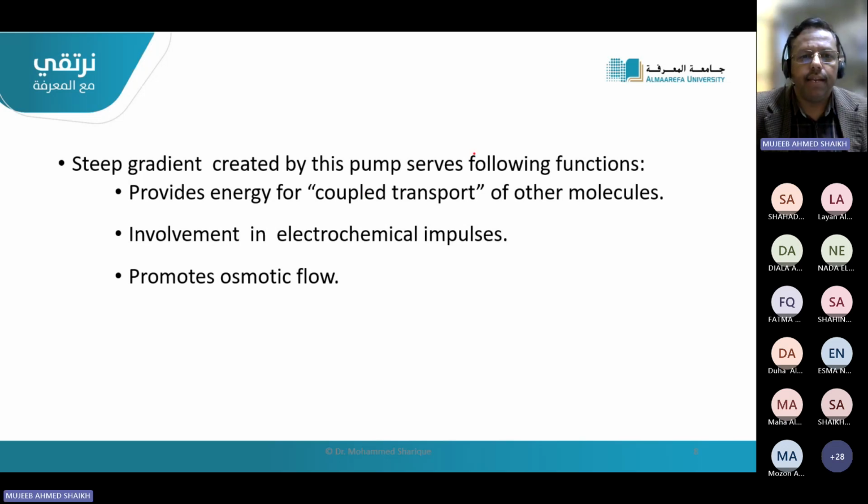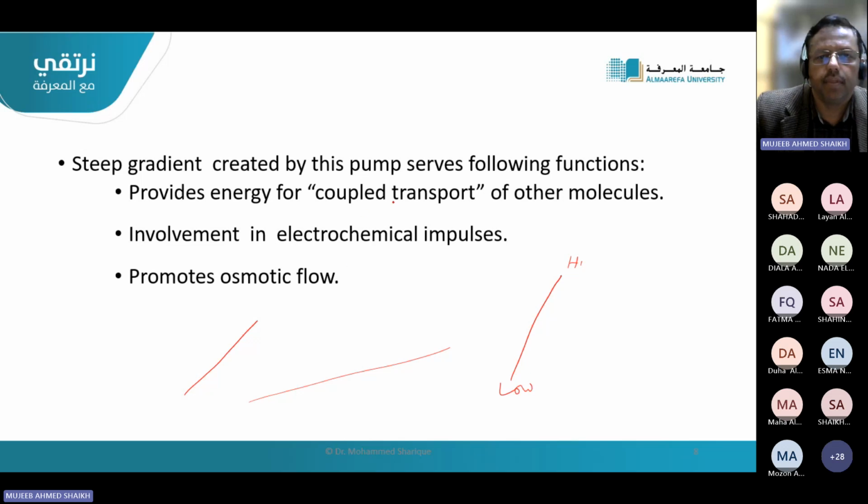It creates a steep gradient. Steep means sharp, like this, not like this. It is creating a very sharp difference, high and low. This steep gradient provides energy for coupled transport of other molecules.